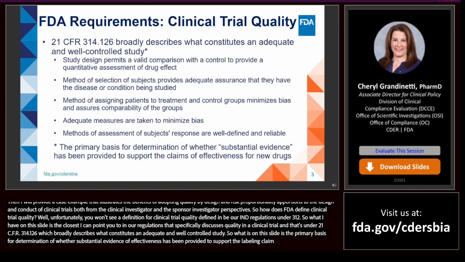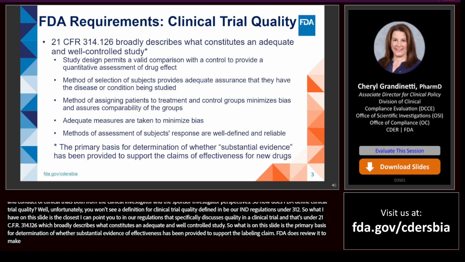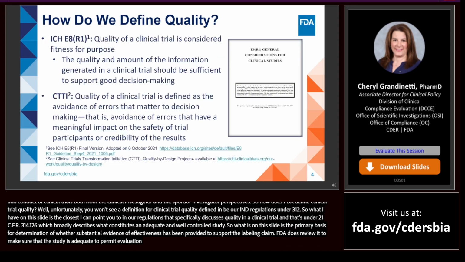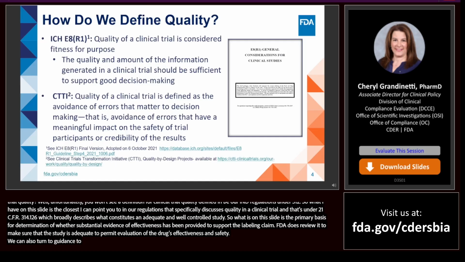FDA does review protocols submitted under an IND prospectively to assure that the study is adequate to permit evaluation of the drug's effectiveness and safety. So we can also turn to guidance to better understand clinical trial quality.